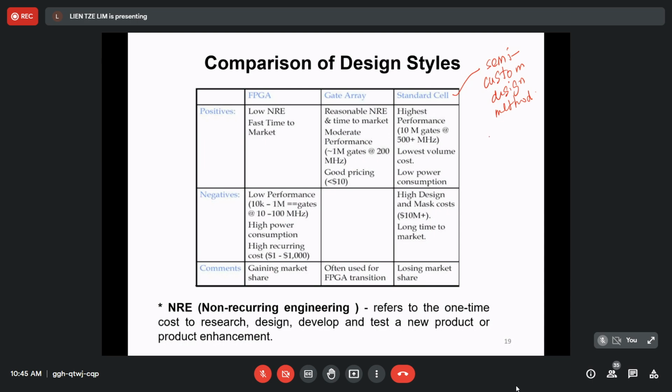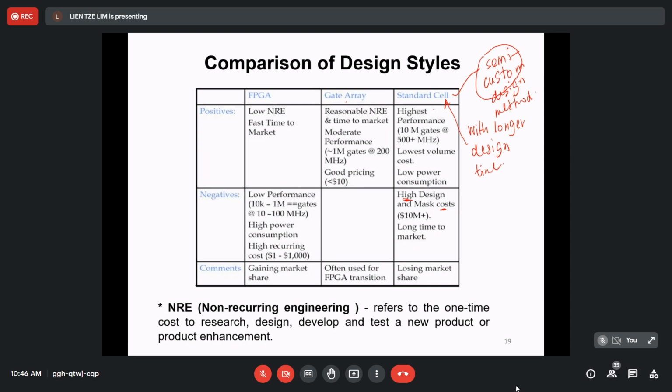So the design time, if compared with gate array and FPGA, is longer. Longer design time for standard cell. And then the cost is also high. The design cost is high because it is a semi-custom design method.